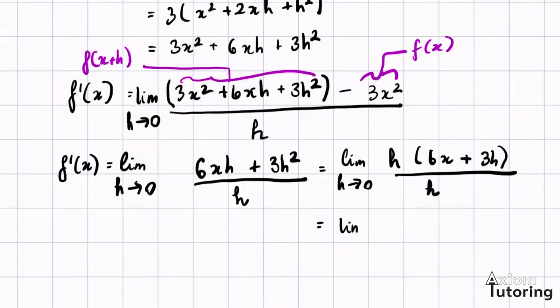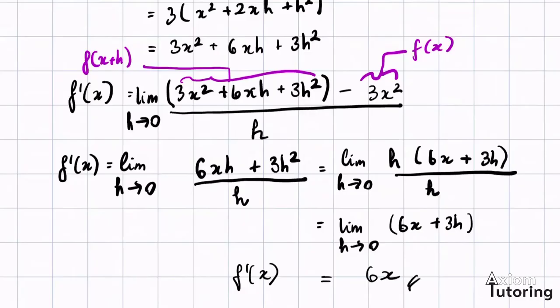So then we have limit of h tending to 0 for 6x plus 3h. But of course, now, as h goes to 0, this term here, 3h, will be 0. So we can just write that our derivative f dash of x is equal to 6x.